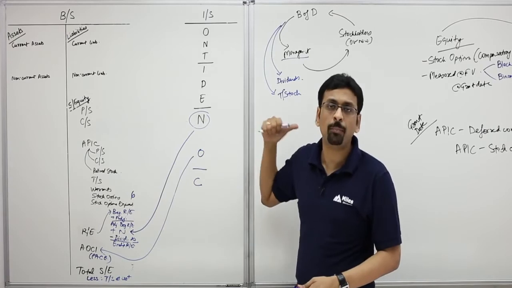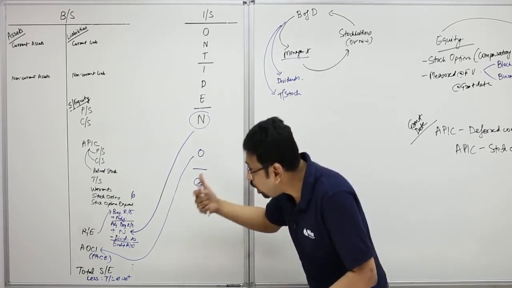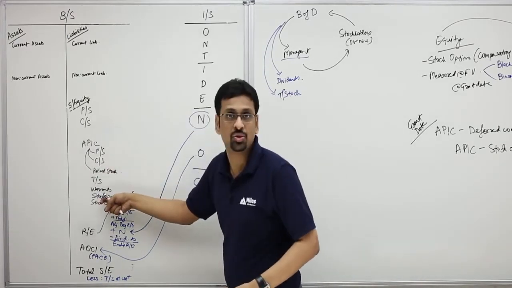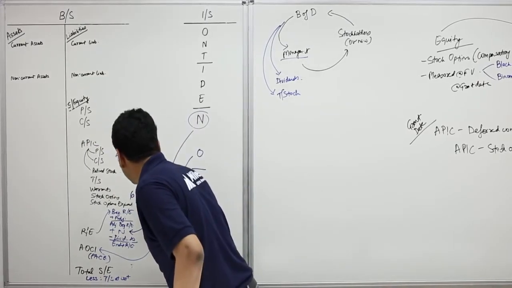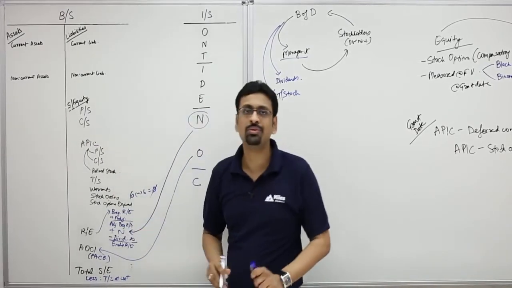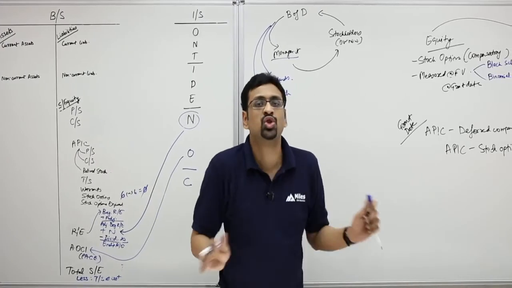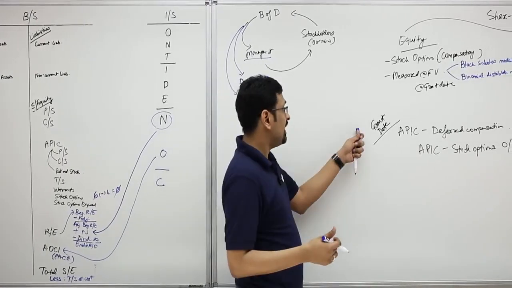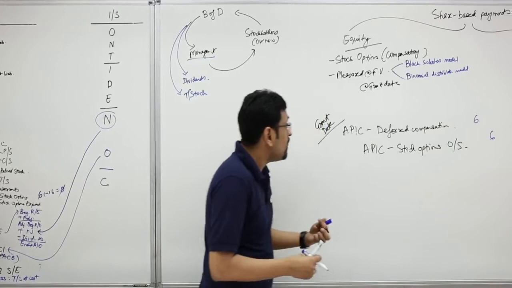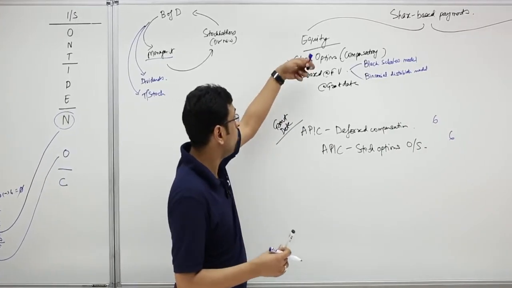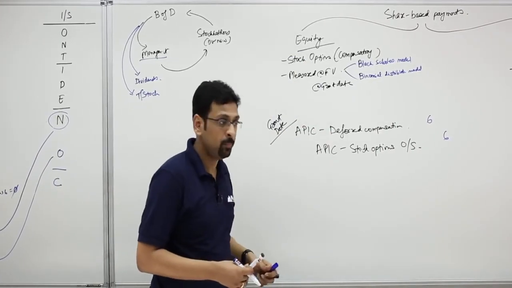So EPIC deferred compensation would act as a contra to EPIC stock options. So 6 minus 6, it's 0. There's no change to stockholders' equity, no change anywhere.